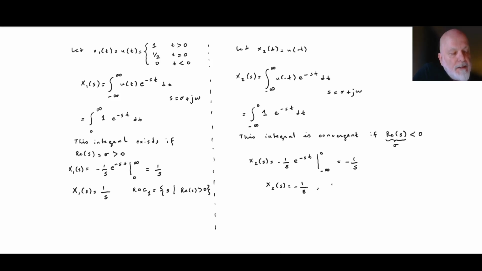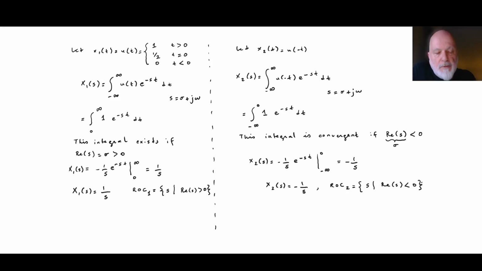And here ROC2, the region of convergence of x2 of S, is all those S such that the real part of S is negative.